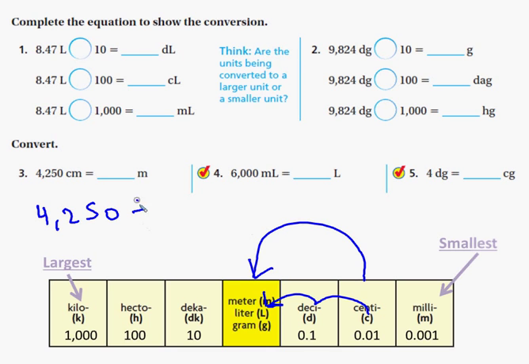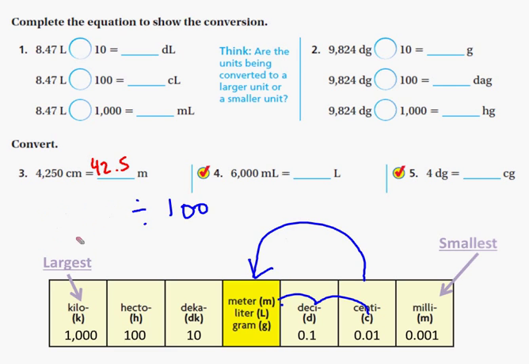Small to big, that's division. And since we're moving over 2 places, there's going to be 2 zeros after the 1, so I divide it by 100. And my really quick, easy way of dividing by 100 is put my decimal point here, and I move 2 places to the left. If I moved it to the right, it'd be getting bigger. When we divide, we're getting smaller, so it should be to the left, not the right. 1, 2. I get 42.5 meters.